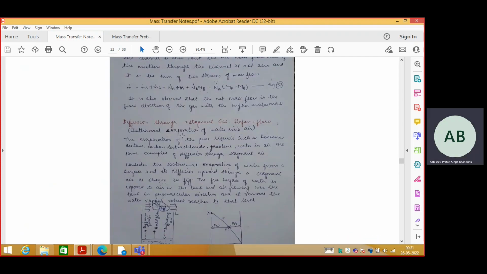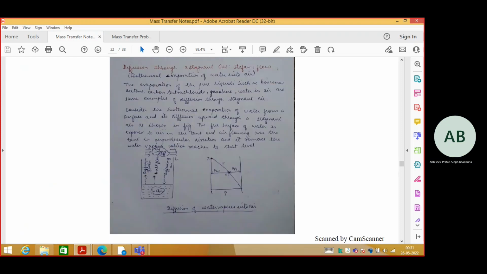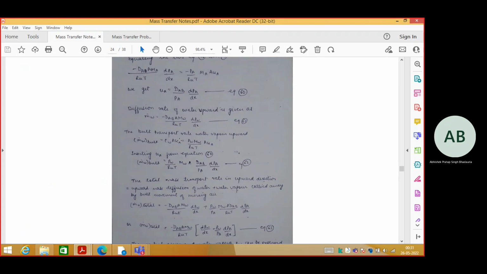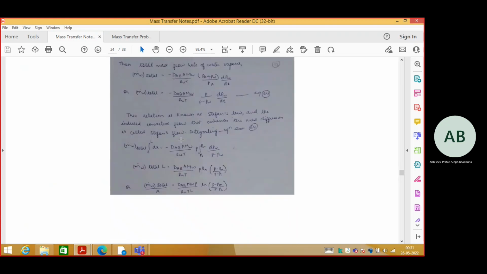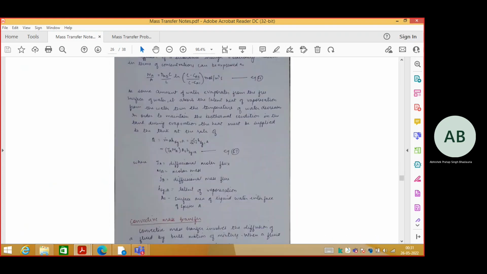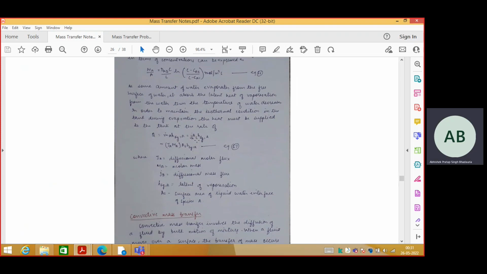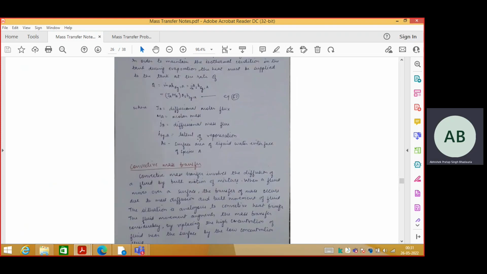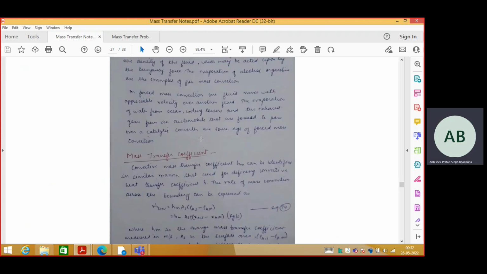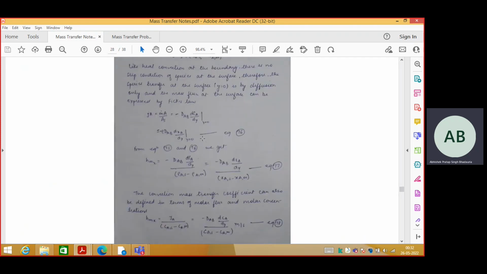Another associated concept is diffusion through the stagnant gas or Stefan's flow. Now you can see the convective mass transfer and the description of the mass transfer coefficient.